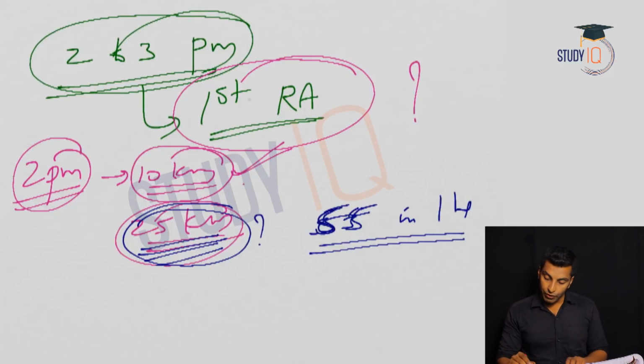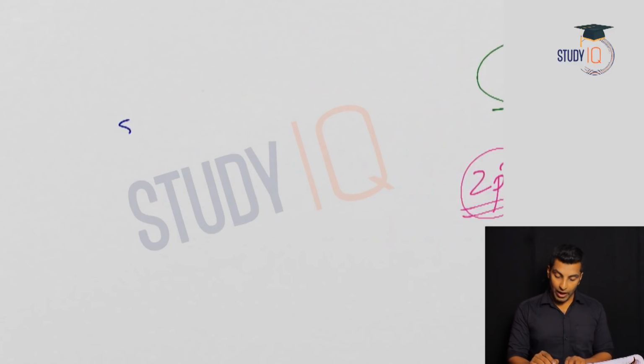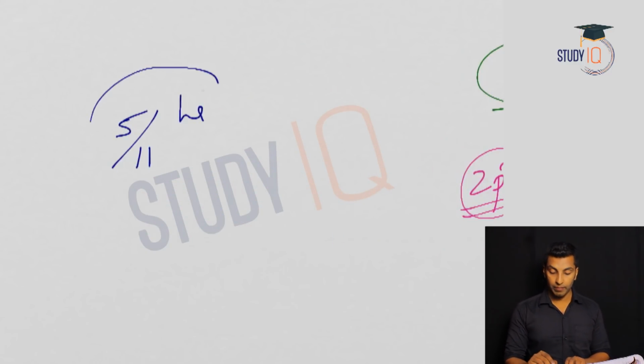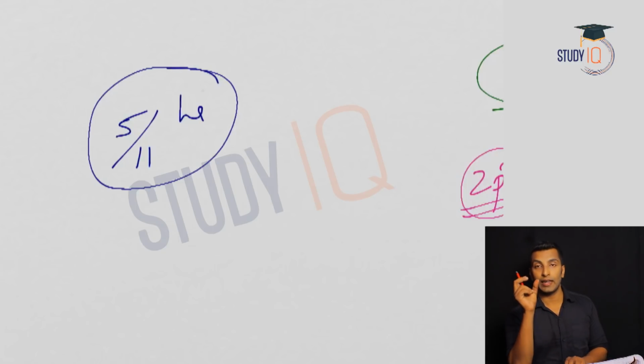So here 55 is the difference the minute hand will make in 1 hour. To make the difference of 25, how much time? That's the question. So what is the answer? 5 by 11 of an hour. So to make that 25 difference, the minute hand will take 5 by 11 of an hour. So what you need to do is, from 2 you add 5 by 11 of an hour. What is 5 by 11 of an hour?